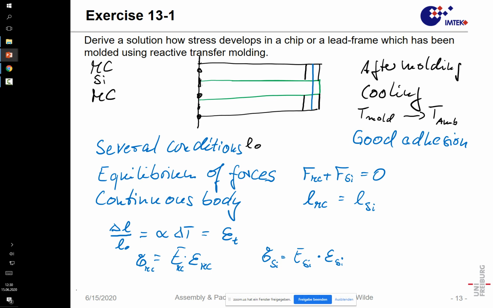We have 4 unknown properties. And so we need 4 equations.